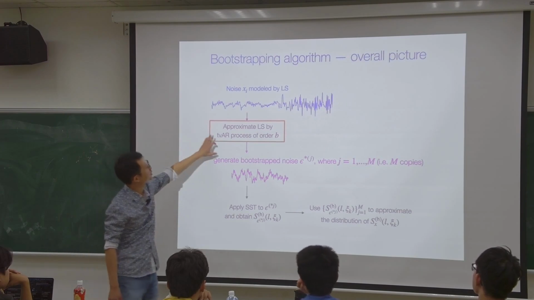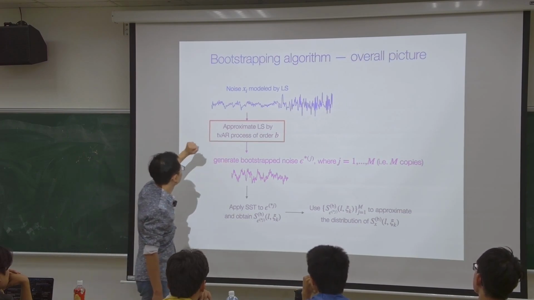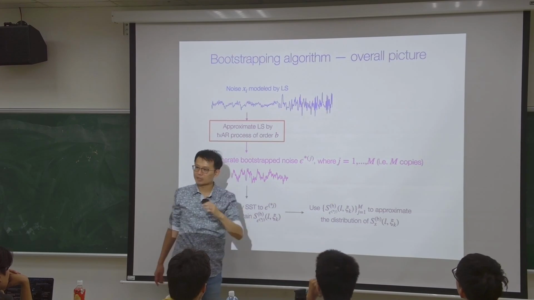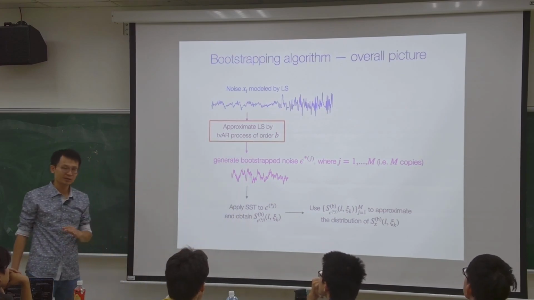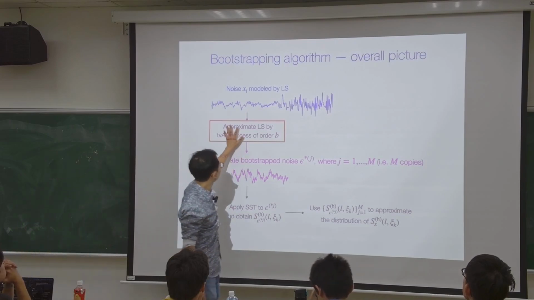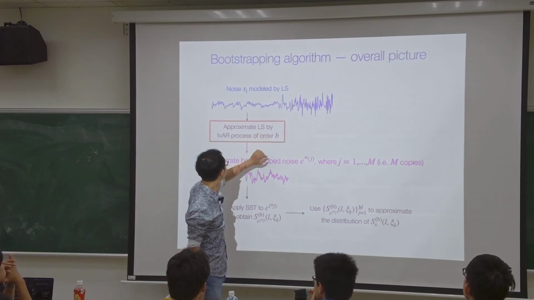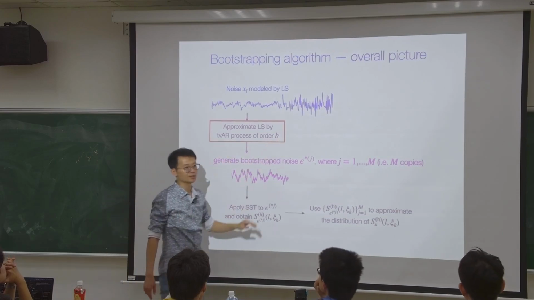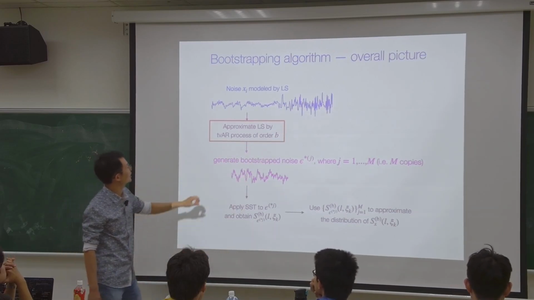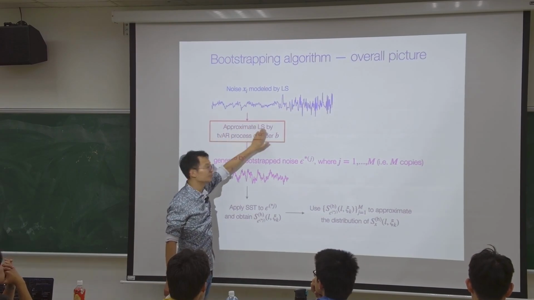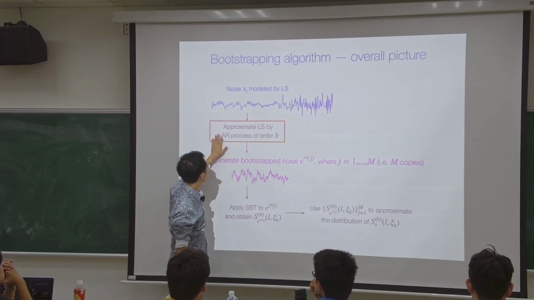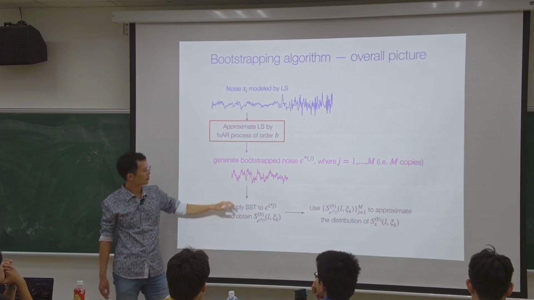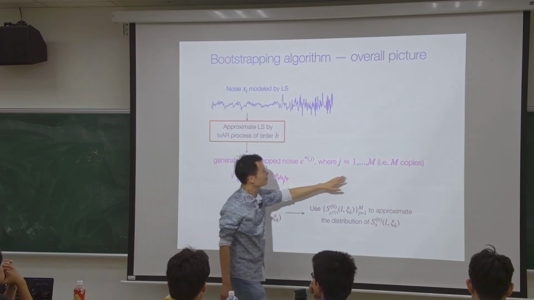The basic idea is this. I will explain all details later, but first we model the noise as locally stationary, and I will explain what locally stationary is next time. Then you approximate the locally stationary random process by a time-varying autoregressive process of some order B that you can choose. Once you have a good approximation, you can generate bootstrapped noise, many, many copies.